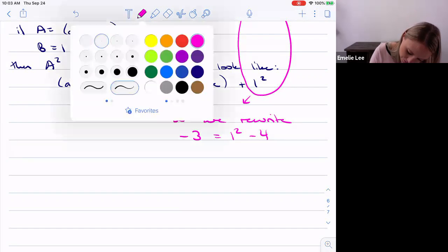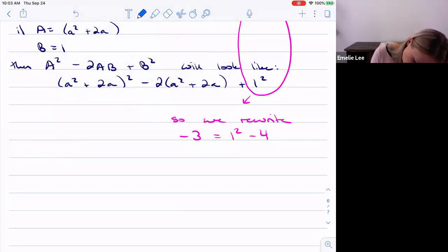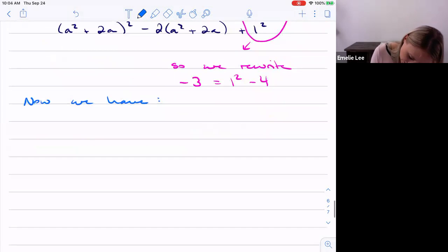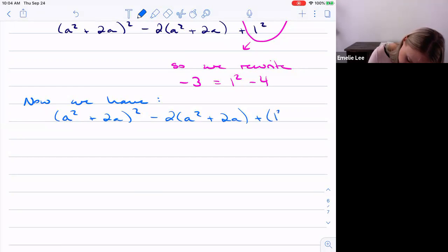So now we have a squared plus 2a squared minus 2 times a squared plus 2a plus 1 squared minus 4.